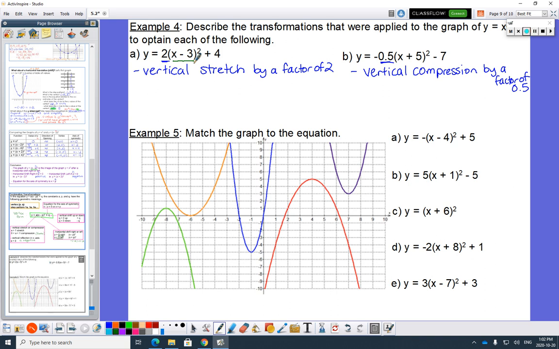So now we have a negative 3 in there. So inside the brackets is the horizontal shift. But now you need to decide, is it left or is it right? Kylie. Good.